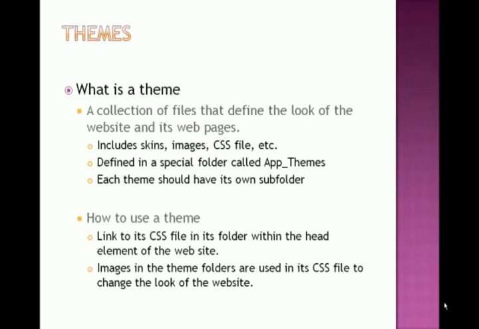So to recap, we can create a special app_themes folder and then create a folder with the theme's name in it, and then put the information about CSS, images, and everything within that theme into the appropriate theme folder that we created and add it to the page at runtime.